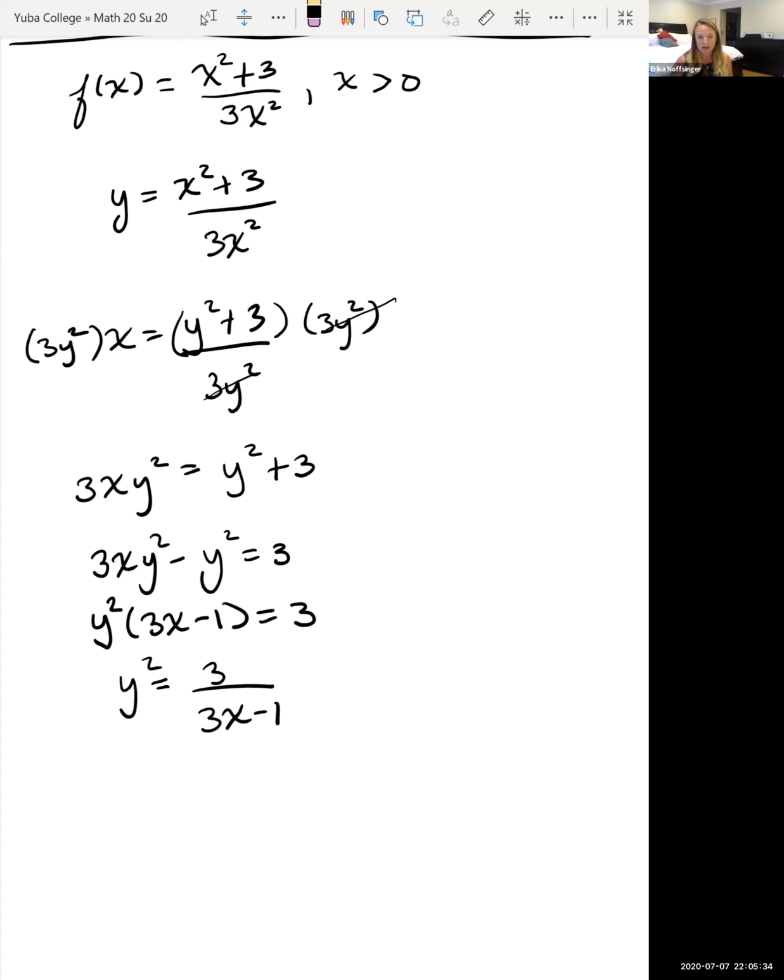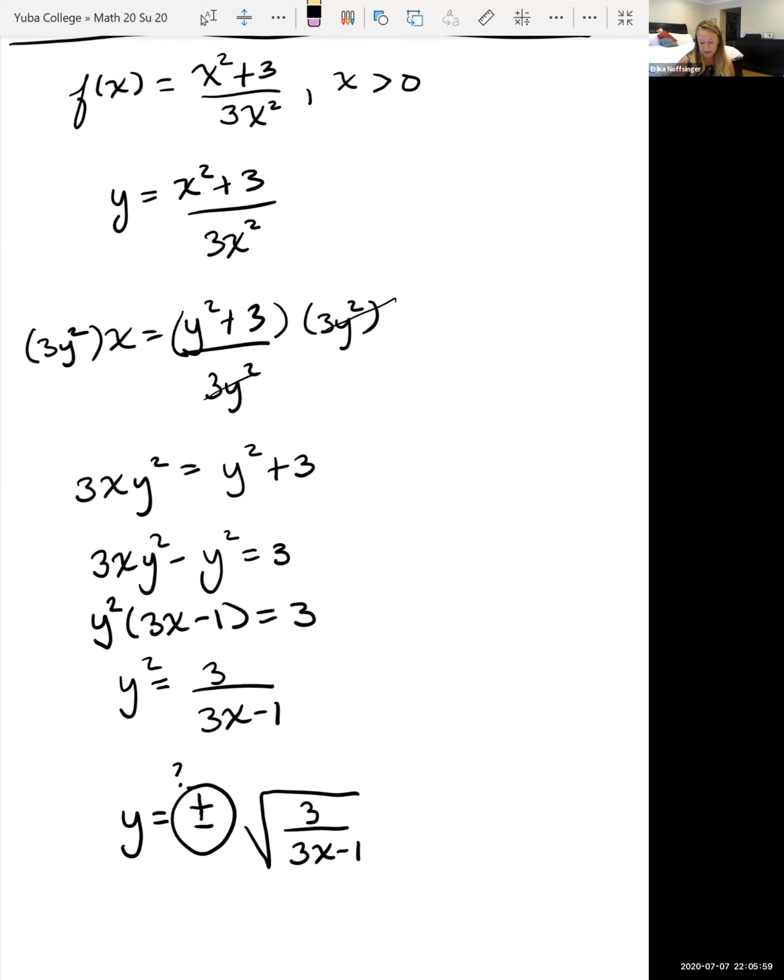And we can get rid of the square by taking the square root of both sides. And so we get y is equal to plus or minus, I'm going to put a question mark here, we've got to go back and check this in a second, the square root of 3 all over 3x minus 1. Okay.